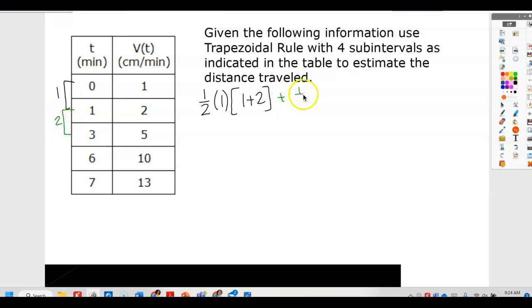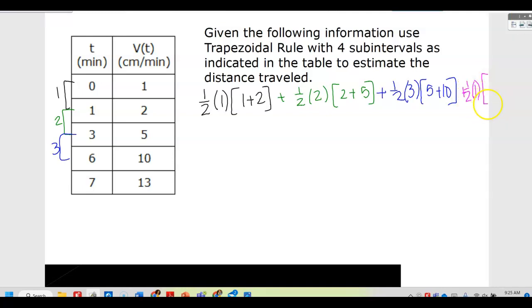So we have 1/2, 2, and my base heights are 2 and 5. One half, my height is 3, and my base heights are 5 and 10. And then last, 1/2, height 1, and my base heights are 10 and 13.